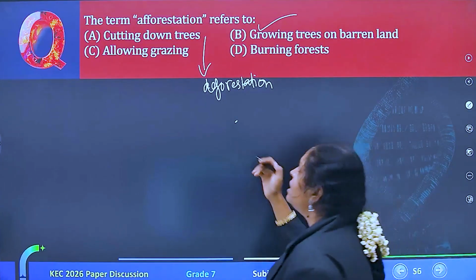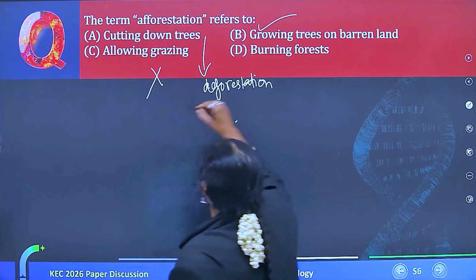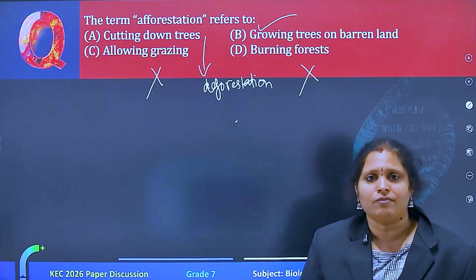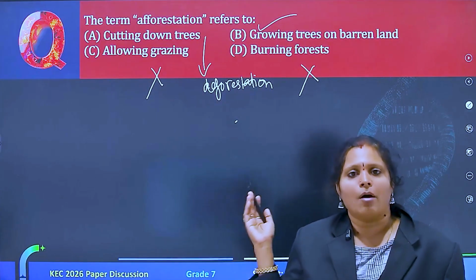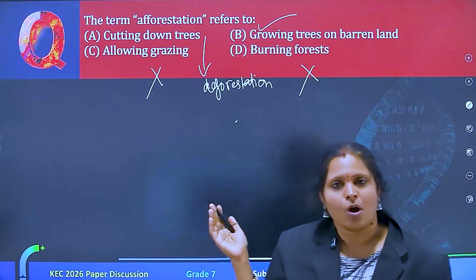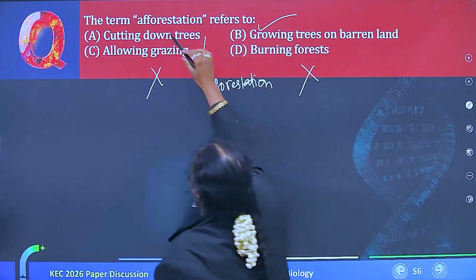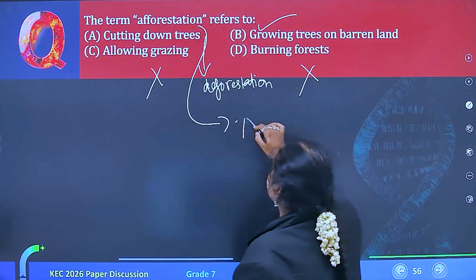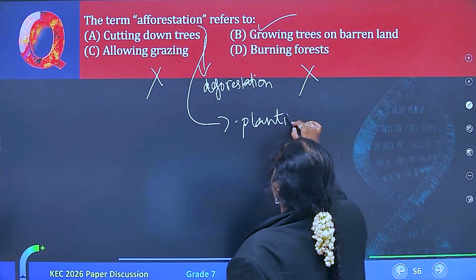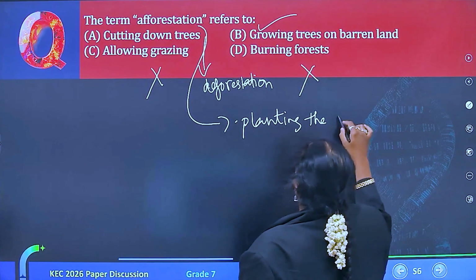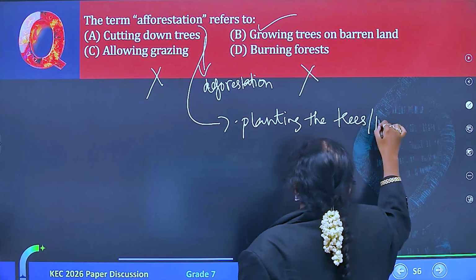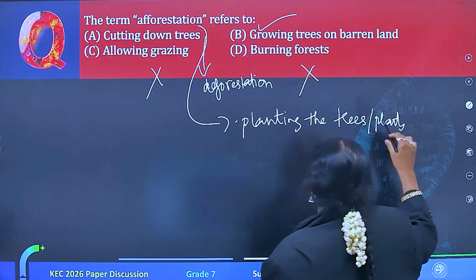Allowing grazing, wrong. Burning forest, no. Growing trees on barren land is called afforestation. Planting the trees or plant seeds, whatever it may be.